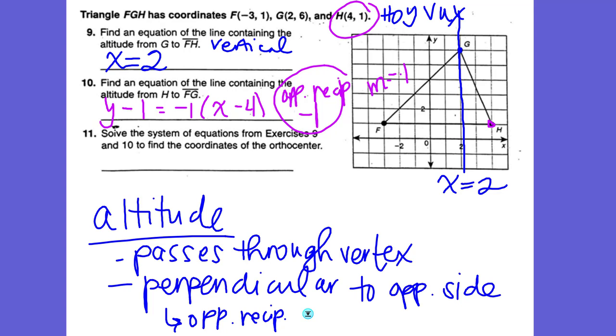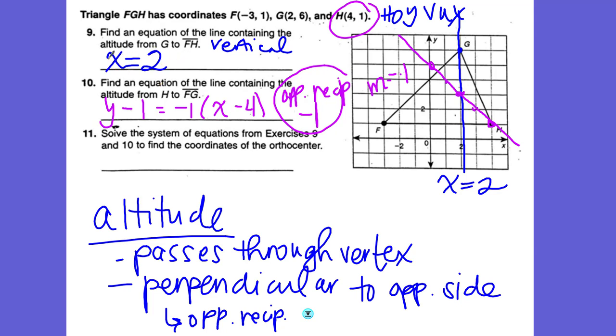So this is a slope of -1, so it's going to look like that. It's this line right here, and I can clearly see that those two altitudes intersect at this point right here. Sometimes it's not going to work out quite so pretty, so I'm going to solve this system of equations.